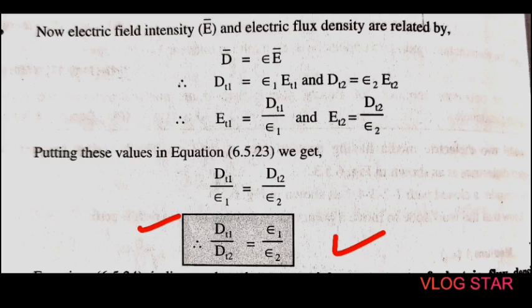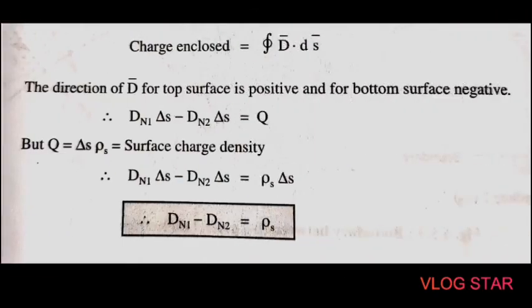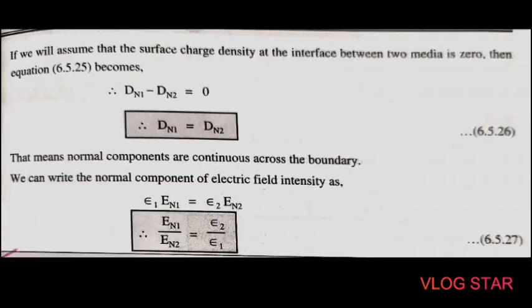Then after that we have to calculate here the normal component. So the normal component in terms of electric flux density is Dn1 is equal to Dn2, and the electric field intensity in terms of the normal component is En1 upon En2 is equal to epsilon 2 upon epsilon 1.